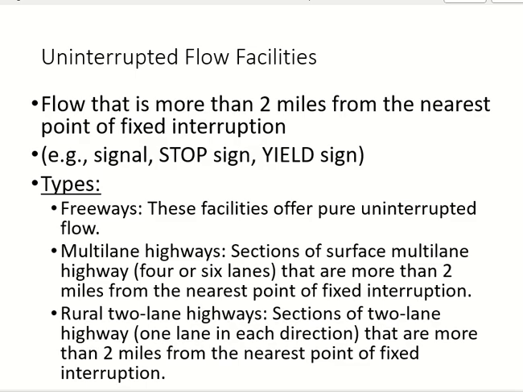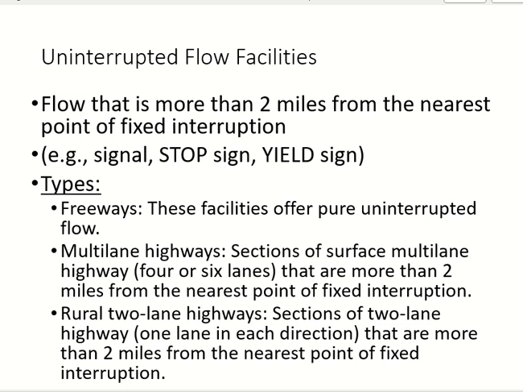Without intersection, without interruption is already uninterrupted, but on certain highways, some parts can be considered uninterrupted, where the intersections have more than 2 miles between them. The intersection could be of any type: stop sign, roundabout, signal, whatever.